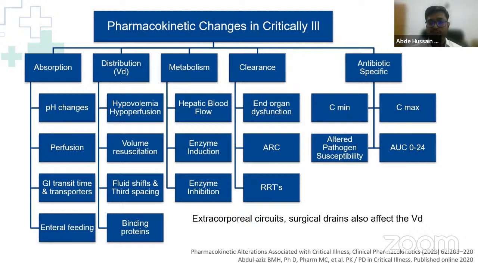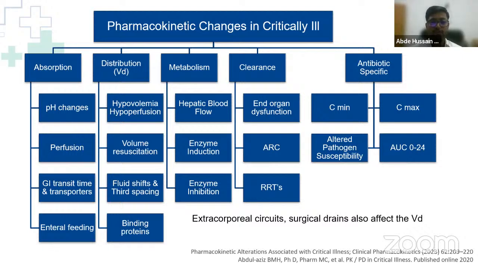Perfusion to various tissue sites is impaired because of the use of inotropes or vasopressors or in shock state, so the absorption of drugs such as enoxaparin or any orally administered drugs can get altered. GI transit times and transporters are changed; for example, a patient with diarrhea will have an increased GI transit time and will not be able to have proper absorption through the oral route. Then there is the factor of enteral feeding. A lot of drugs, like phenytoin, can get decreased absorption because of the presence of enteral feeding.